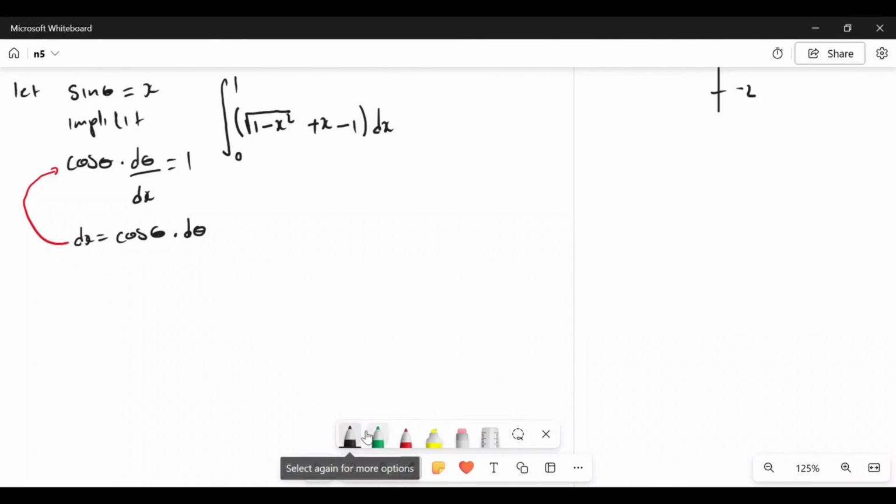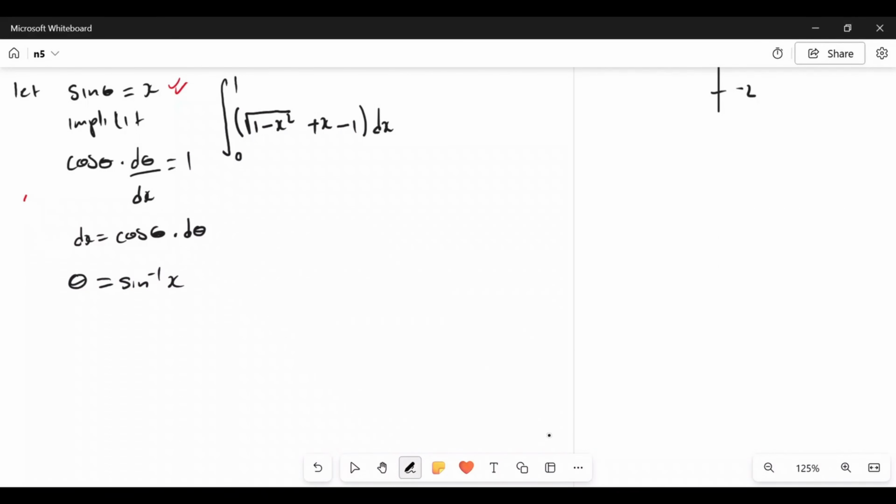So bear in mind this when we make dx the subject of the formula. Another thing you should know: if we make theta the subject of the formula from this equation, we can say theta equals, if we transpose the sine to the other side, arc sine x. So we have to separate these integrals. Let's separate them. We have the upper limit 1 and the lower limit 0.